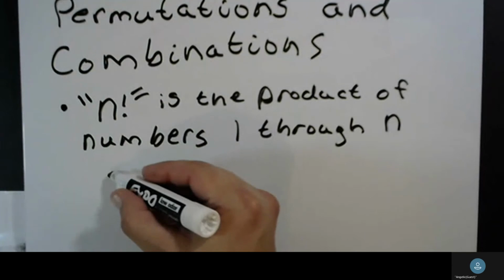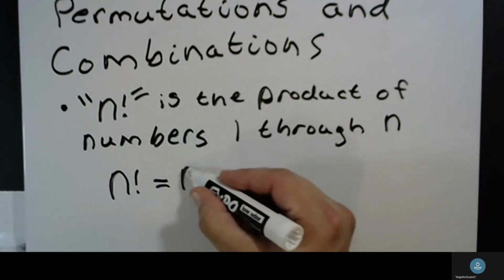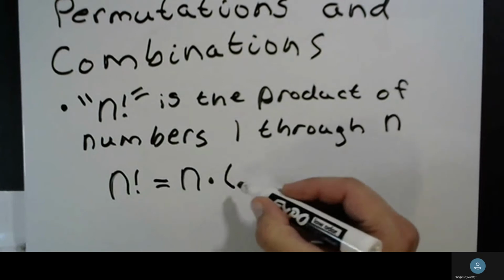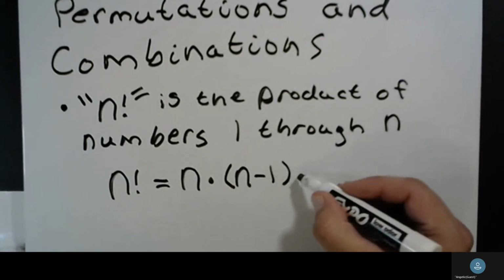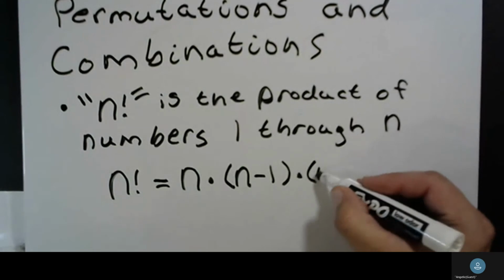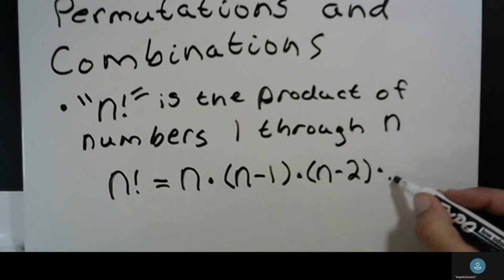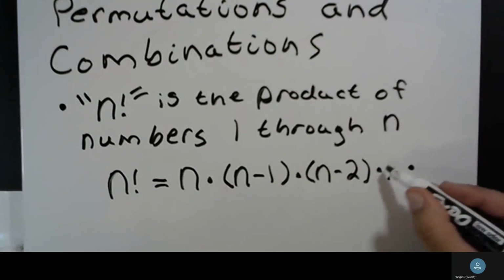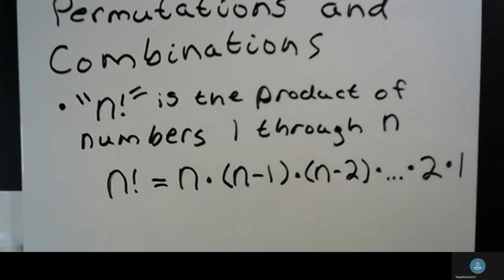So in factorial, and I'll do a concrete example, it's n times n minus 1 times n minus 2 times all the way to 2 times 1.